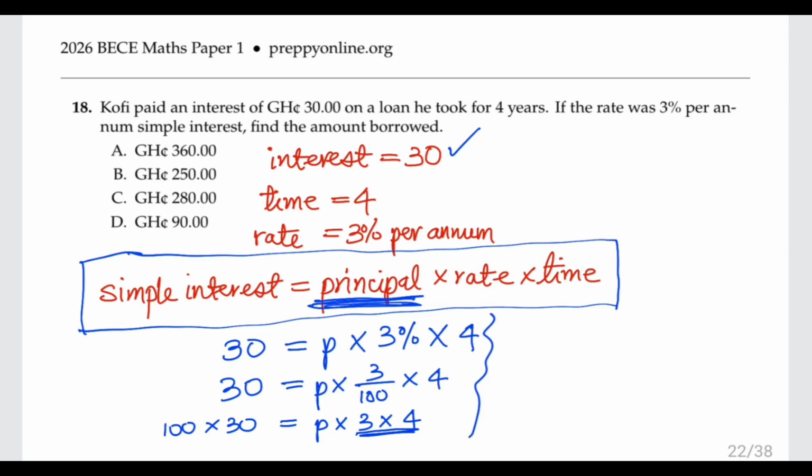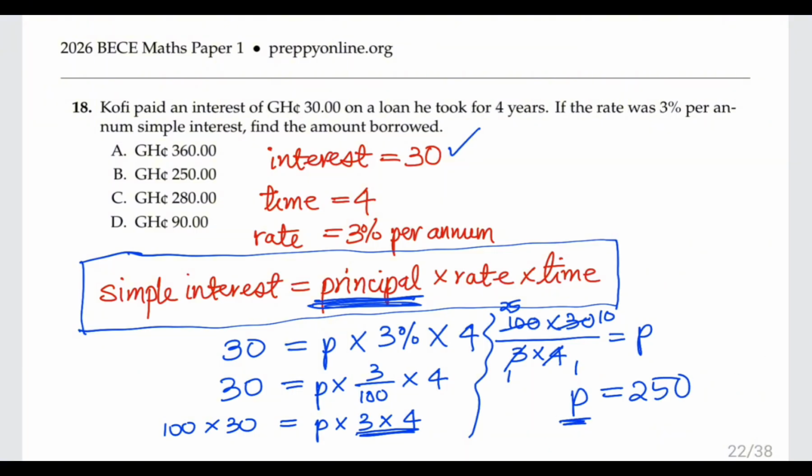If we divide both sides by 3 times 4, we get 100 times 30 over 3 times 4 is equal to P. So we have to cancel out to see what we get. 3 divides that 1, 3 goes here 10. 4 divides that 1, 4 divides that 25. So we have 25 times 10. That gives us P equals 250. So the principal, or the amount he borrowed, was 250 cedis.